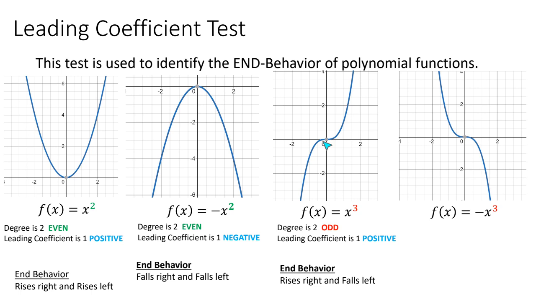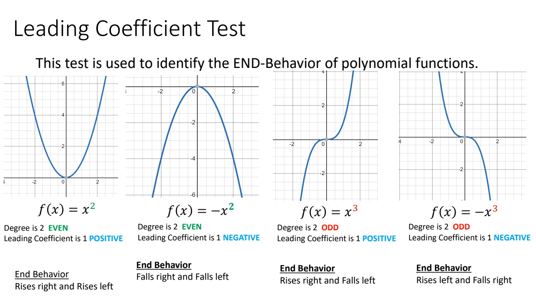If that happens, then we say that the behavior rises to the right and it falls to the left. And then the last one, this is also a 3. So my degree is 3, that's odd, and my leading coefficient is -1. And so that behavior is going to be rises to the left, falls to the right.